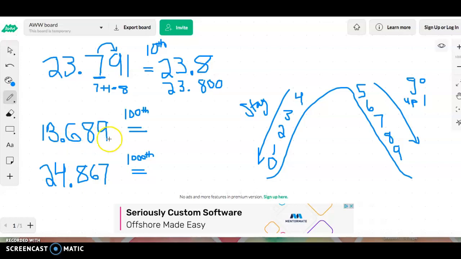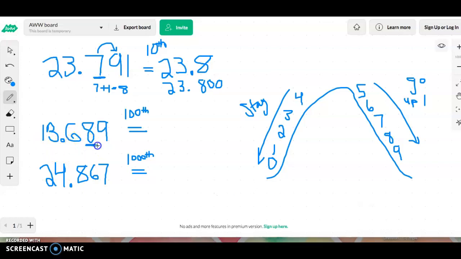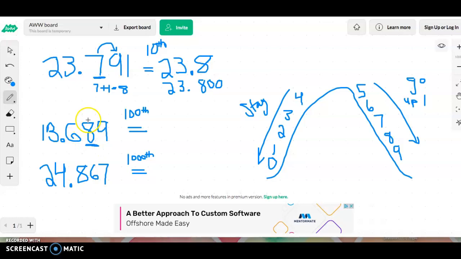Now we have 13 and 689 thousandths, sorry, that's thousandths. So we're going to look at our numbers. We have tens, we have ones, tenths. Now we have hundredths. First I can keep all my numbers the same in front of my underlined number.